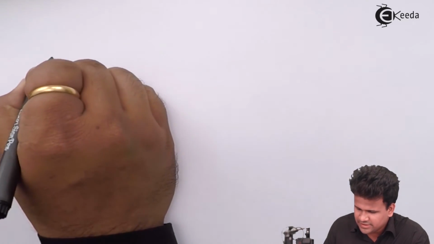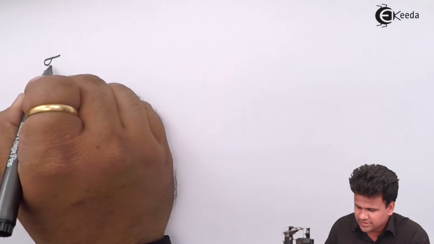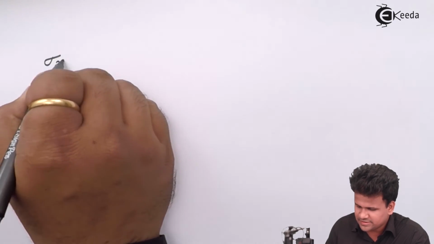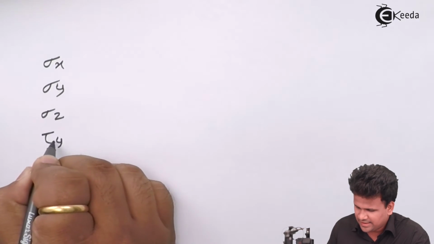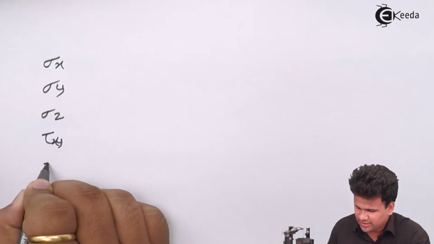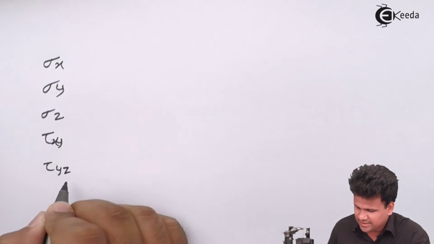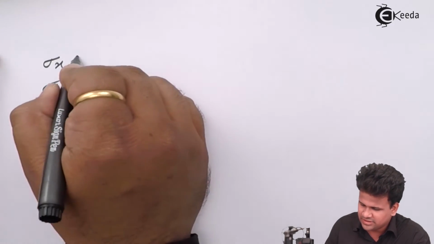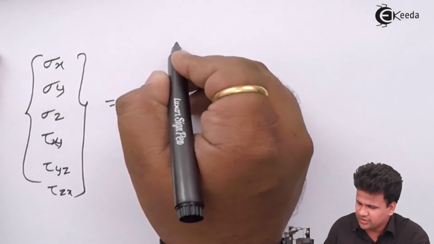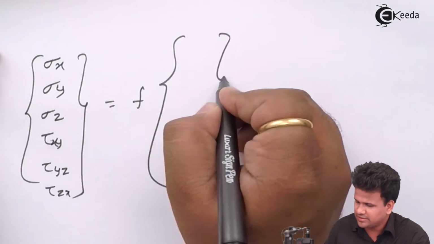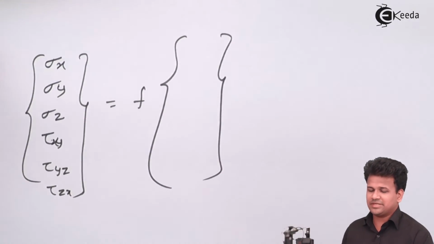But over here, after solving this part, what do we get? We'll get the stress matrix terms sigma x, sigma y, sigma z, tau of xy, tau of yz and tau of zx. These 6 terms will be a function of their corresponding strain rates. Now why will it be strain rates?